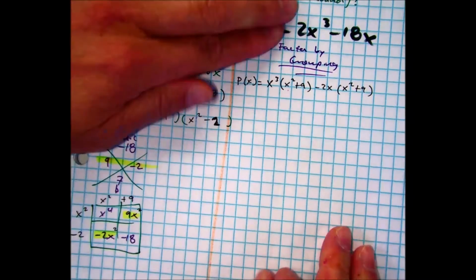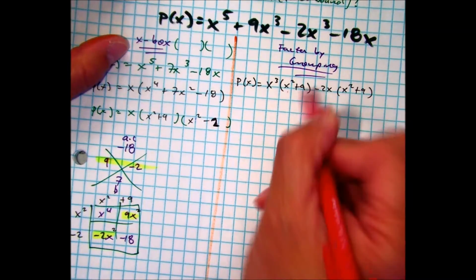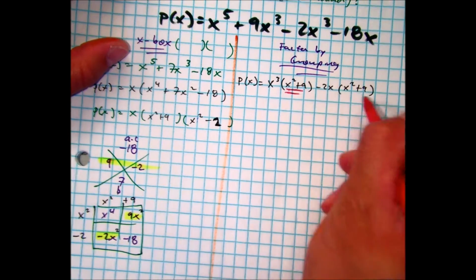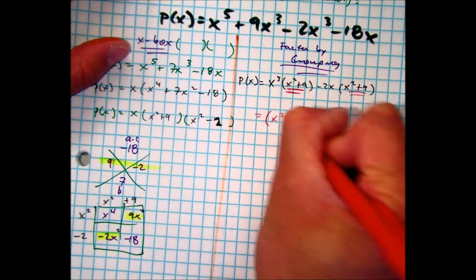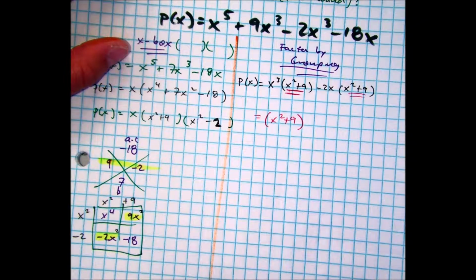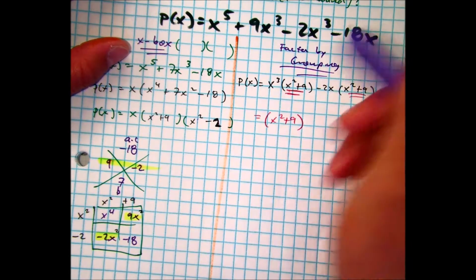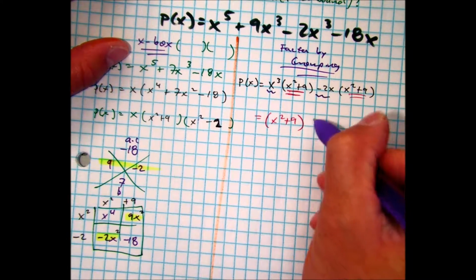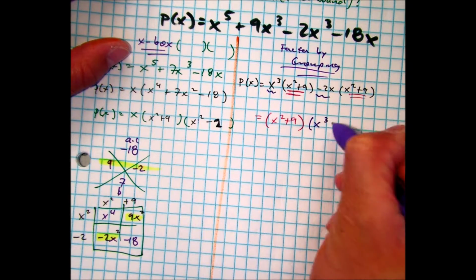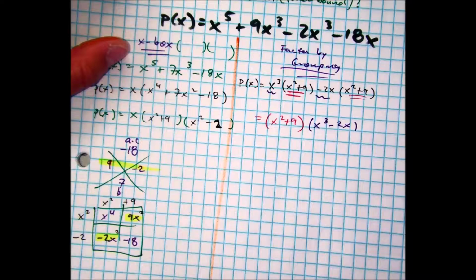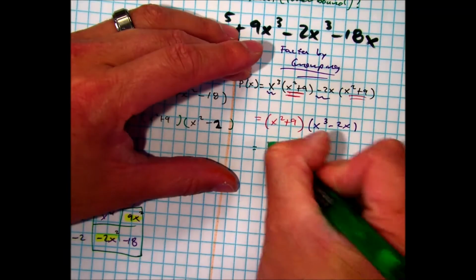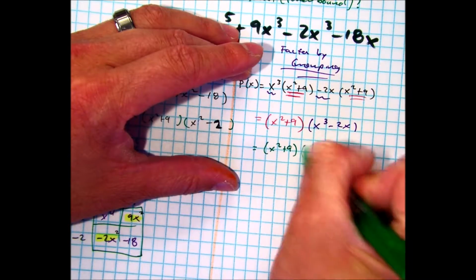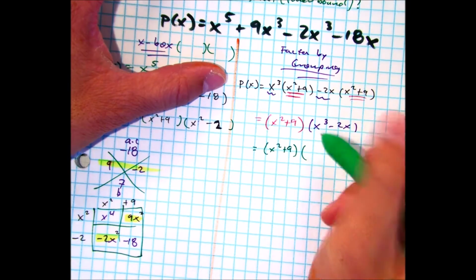So I did my first GCF, my second GCF, and now I'm taking my third GCF. What is that? X squared plus 9. And what did I not have in red? Now inside the parentheses here, what do you guys notice? I can pull out another x.